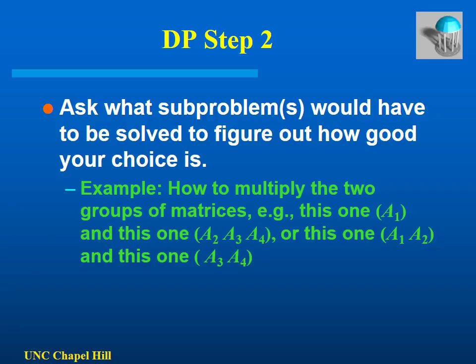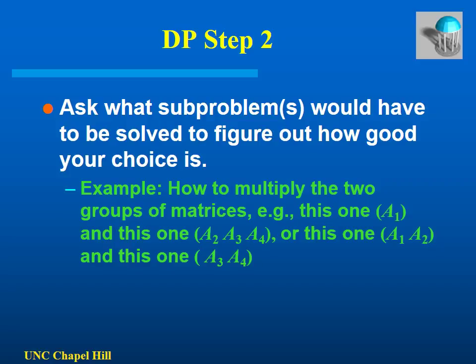Then you need to ask what subproblems would have to be solved to figure out how good your choice is. So the choice was where to parenthesize in our example, and the subproblems are how to parenthesize the resulting submatrices.